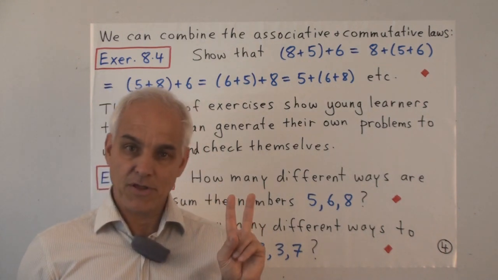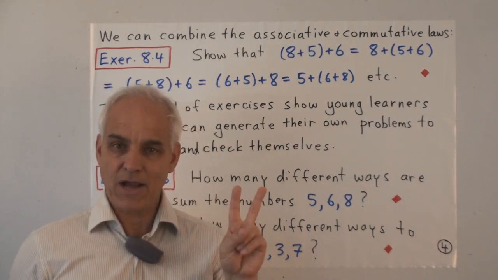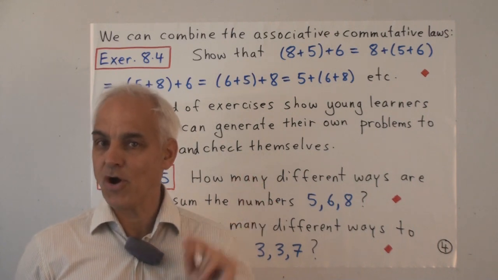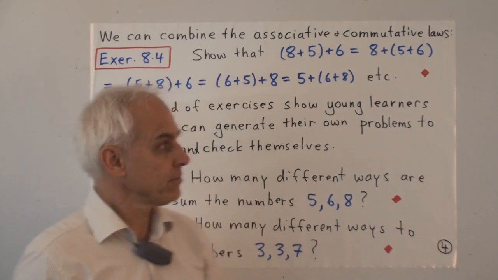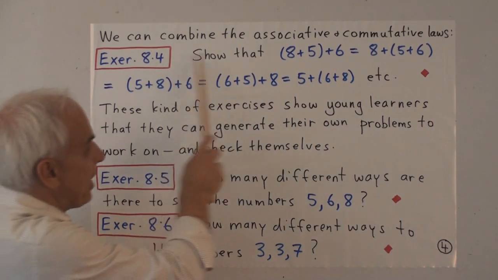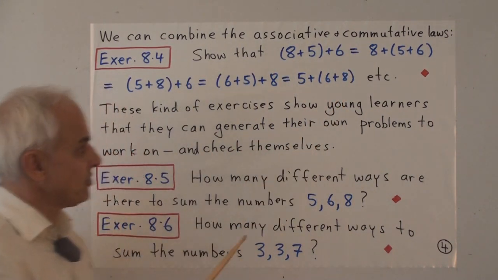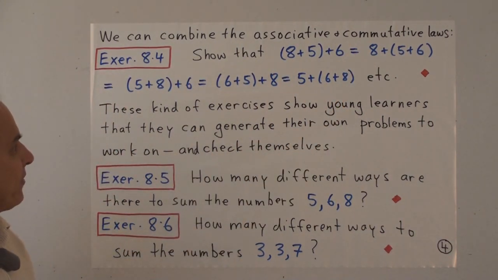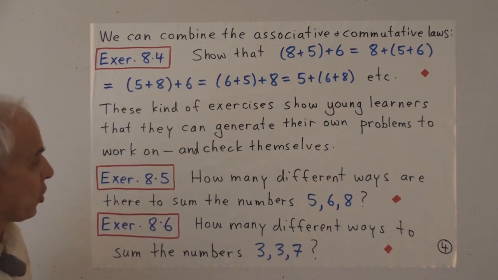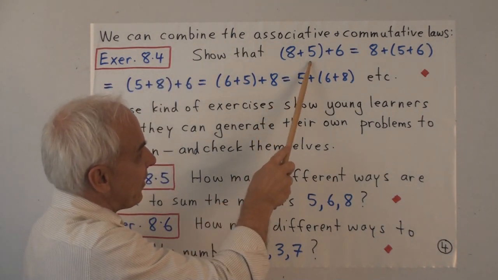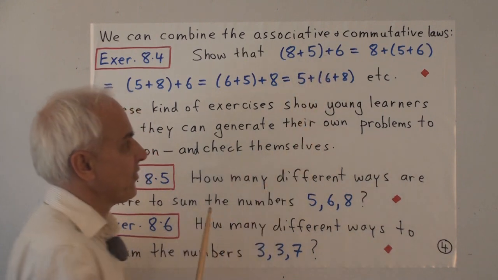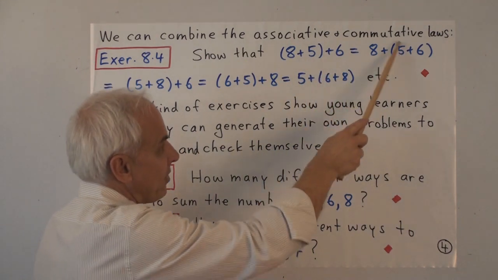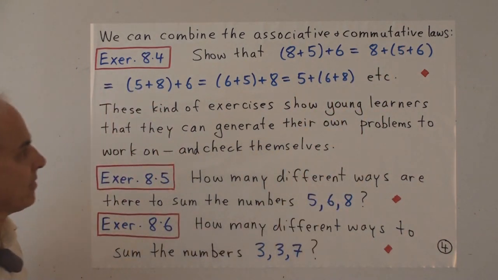Remember, there was this other law, the commutative law, that had to do with actually changing the orders of the two numbers. So we can combine these two things to generate some more problems. For example, this exercise to show that 8 plus 5 plus 6 is the same as 8 plus 5 plus 6.